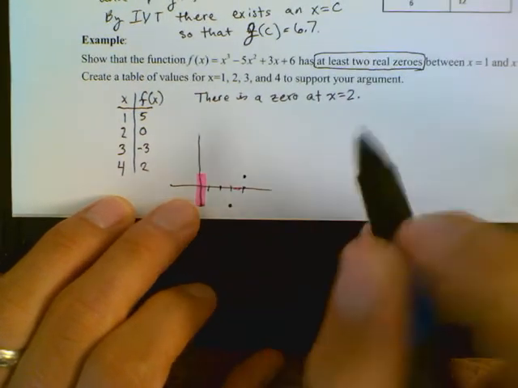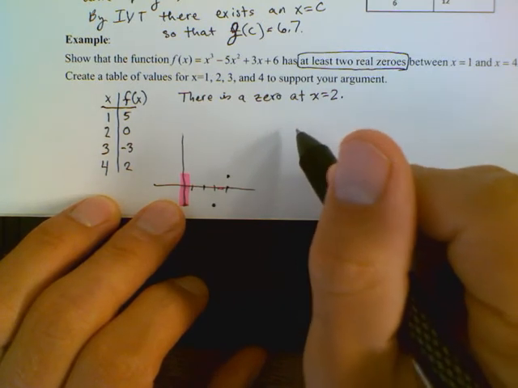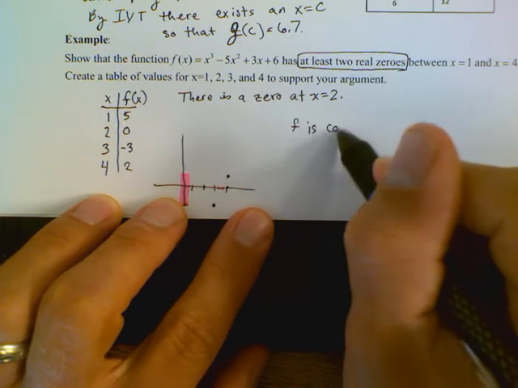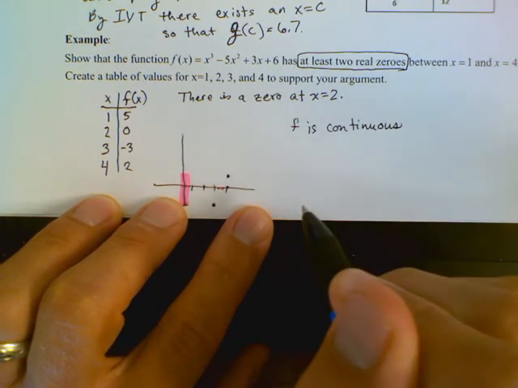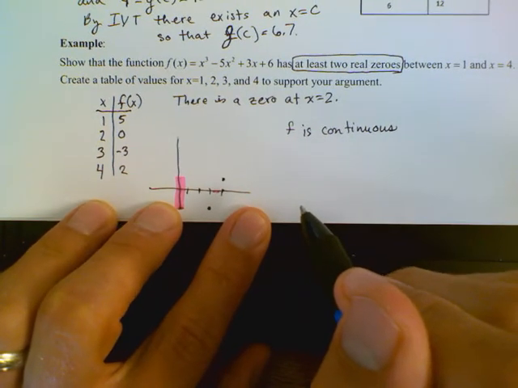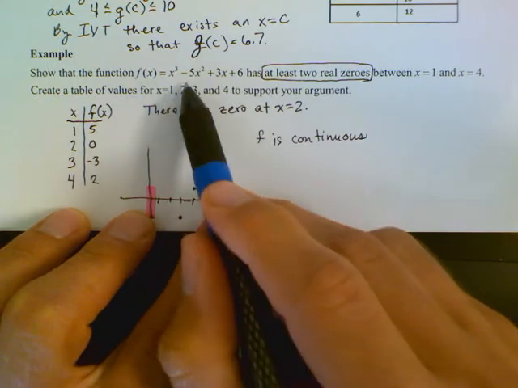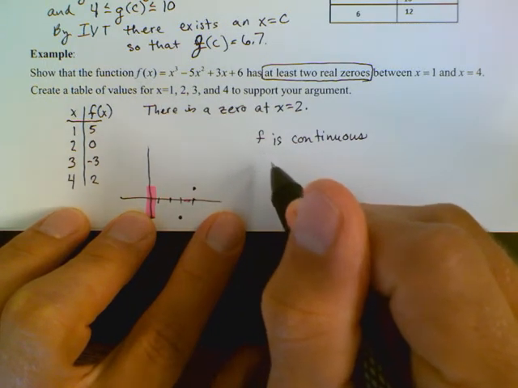Sorry about that background noise, the bell's ringing. Okay, so here goes. We're going to say f is continuous based on the problem. It's continuous because it's a polynomial. All polynomials are.